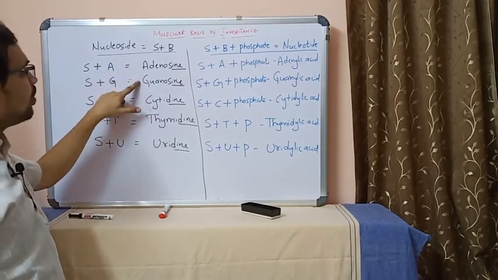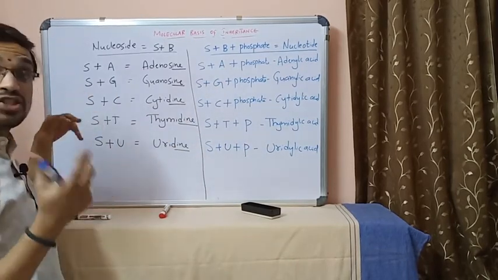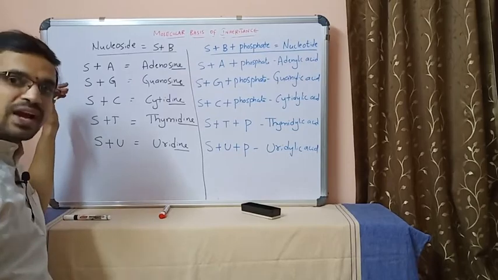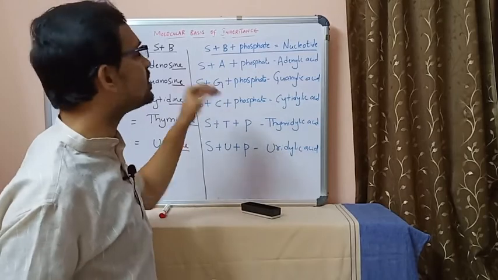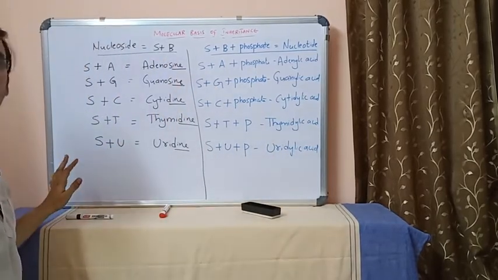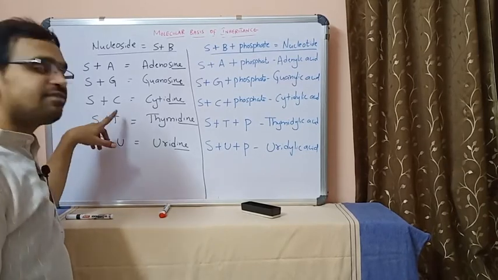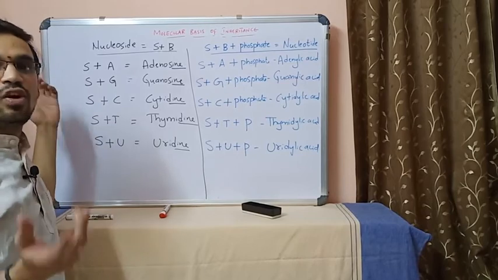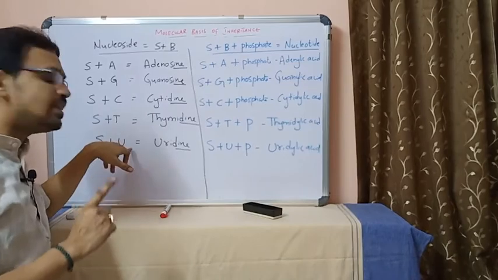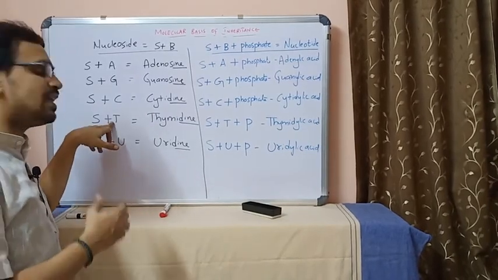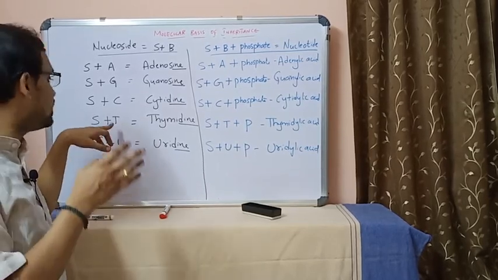So adenine, guanine, cytosine are common in both DNA and RNA, so mention deoxy if it is DNA, and no need to mention deoxy if it is RNA. But in case of thymine and uracil, no need to mention deoxy or normal, because thymine is always present in DNA and uracil is always present in RNA. So there is no confusion.